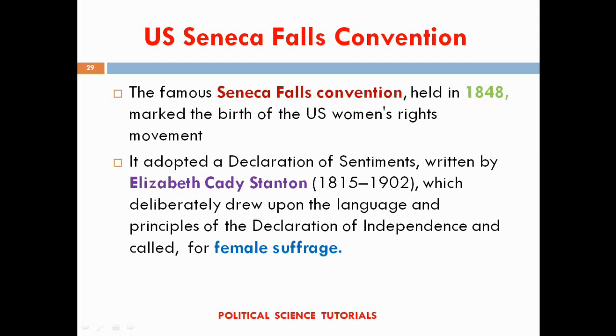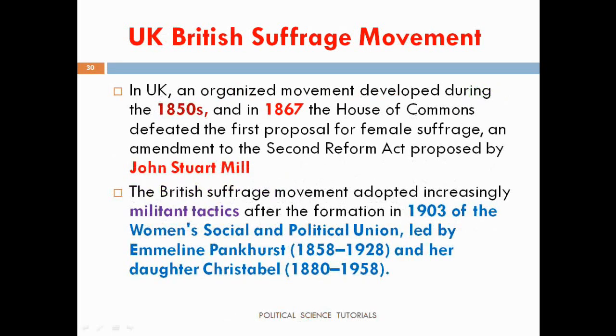The movements were spreading. In the UK, the organized movement developed during the 1850s. And in the year 1867, John Stuart Mill, you have heard the name most probably, a philosopher, proposed an amendment to the Second Reform Act in the House of Commons for female suffrage, but it got defeated.